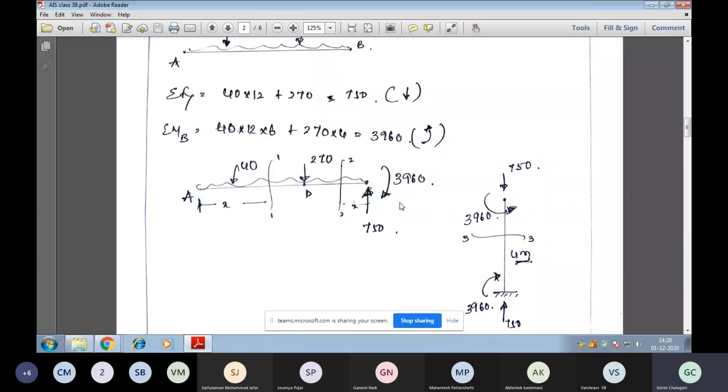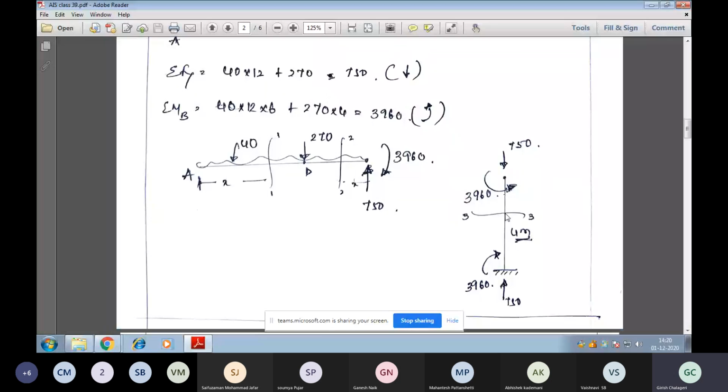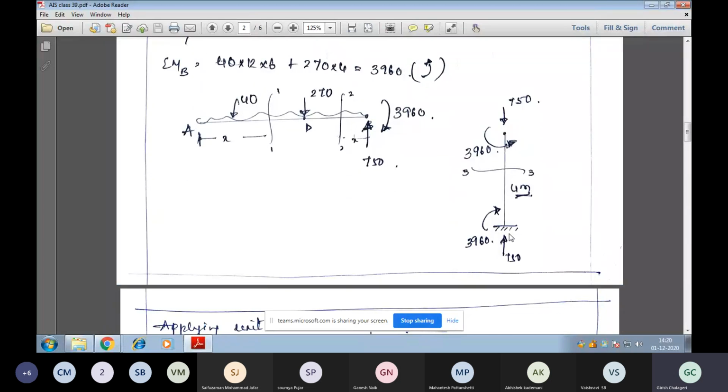The clockwise moment is 3960, and we get an anti-clockwise moment of 3960. This is what we have got. And the free body diagram at the C joint will be 750 upward and 3960 in the clockwise direction, opposite of this one. So this is the free body diagram we have drawn for the external load.